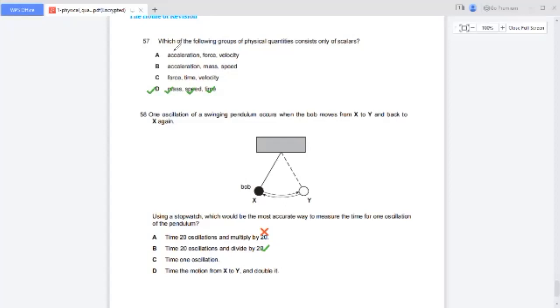Time of one oscillation may include human error, like the time taken to press the stopwatch button, which extends the time of the oscillation. So option D is not fine. Our answer is B.